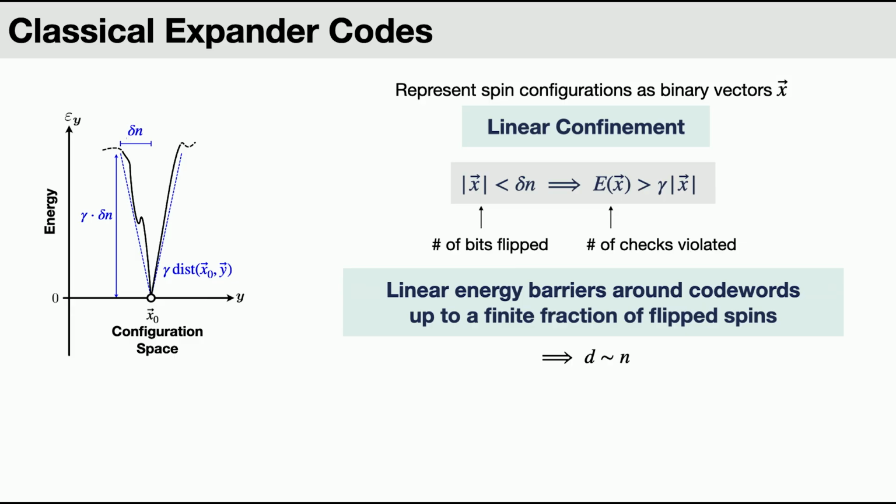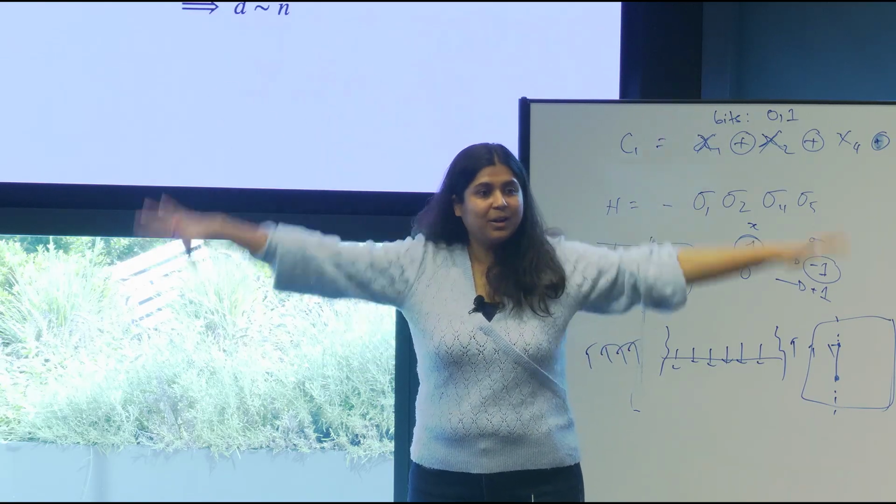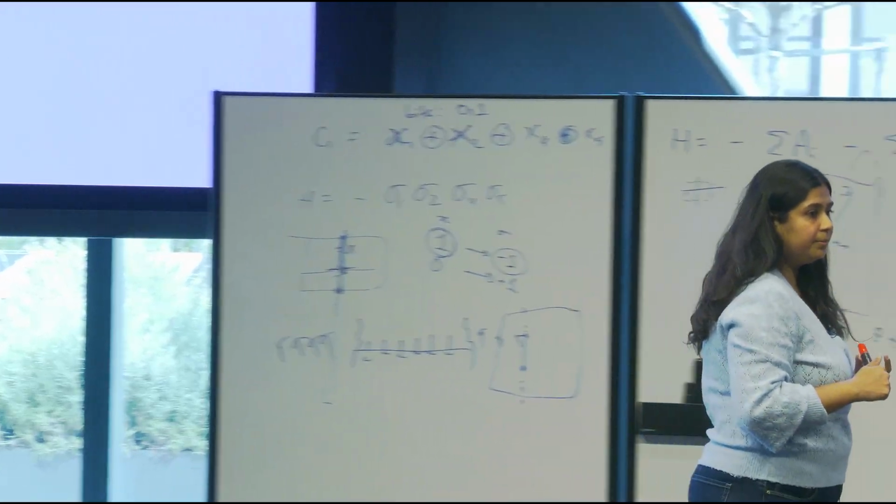Okay, so this is a linearly growing extensive energy barrier. In particular, this already tells you that the code distance has to be proportional to n, because the code distance tells you that you have to get back to a code word. But as long as you flipped some finite fraction of spins, you have an energy cost which keeps growing. So you can't come back down to 0 without going through this big energy barrier.